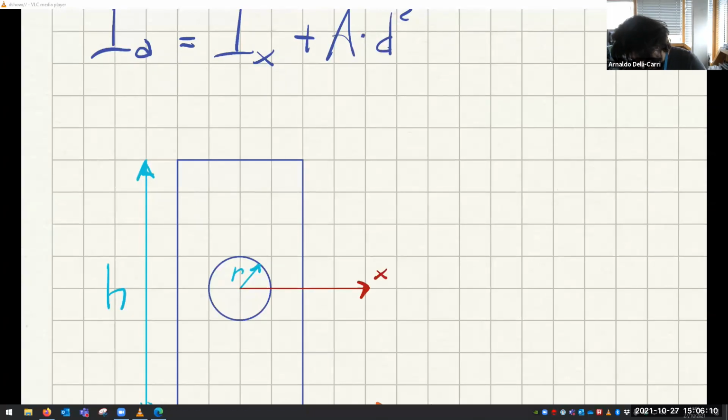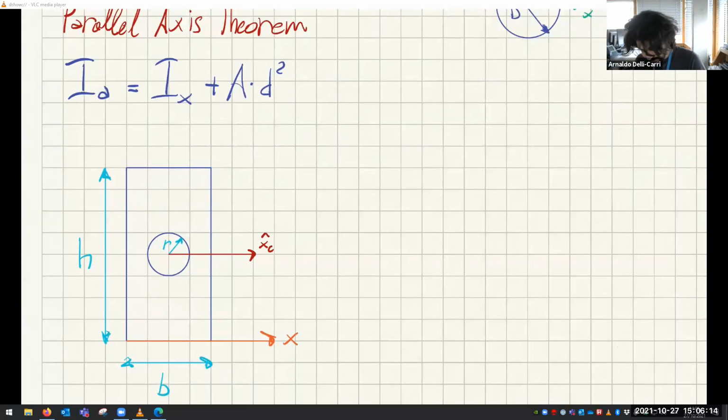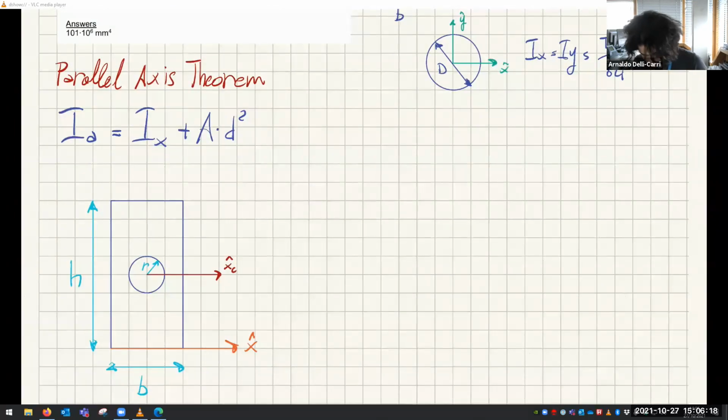Let's call this XC, this centroidal C axis, because this is the X axis that we want. So I know that the second moment of area of this shape with respect to this axis is just the large rectangle minus the small circle.